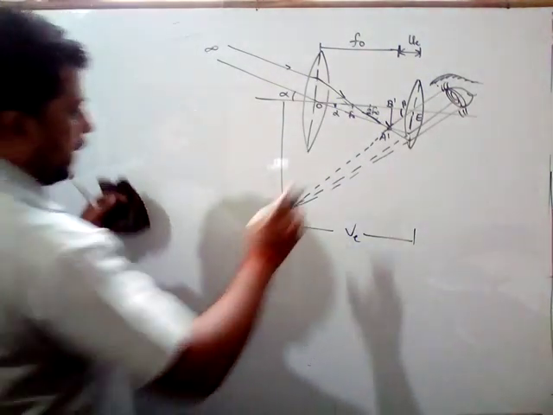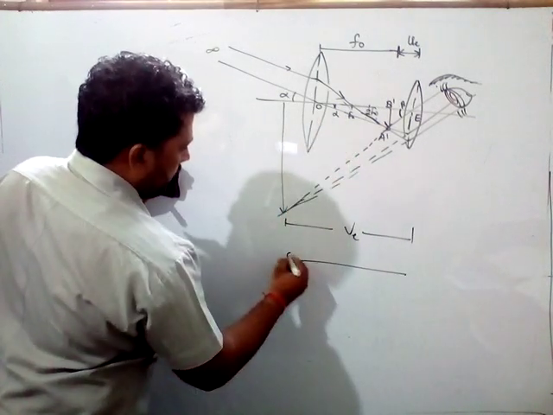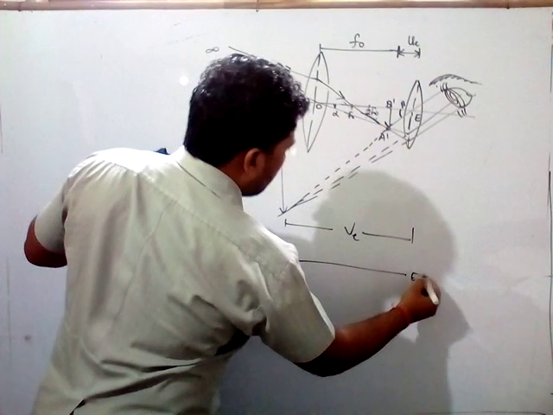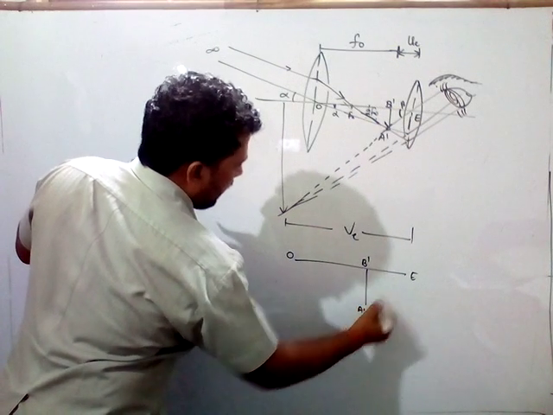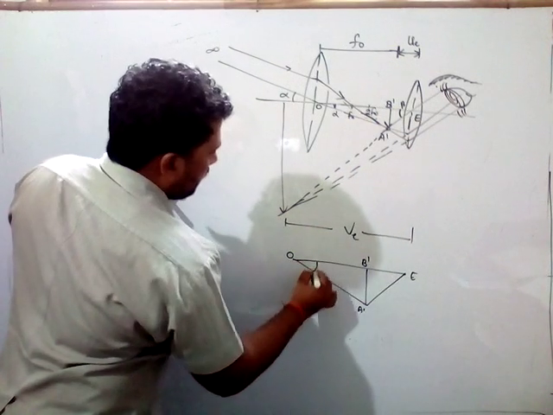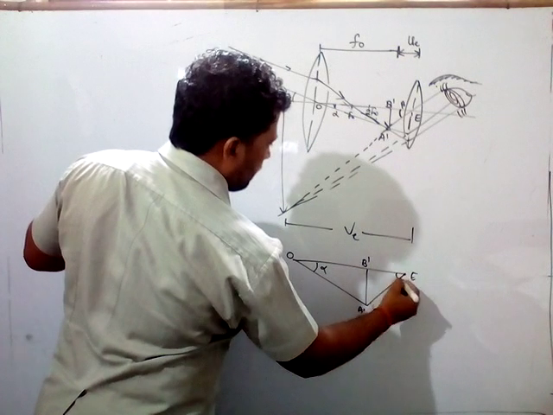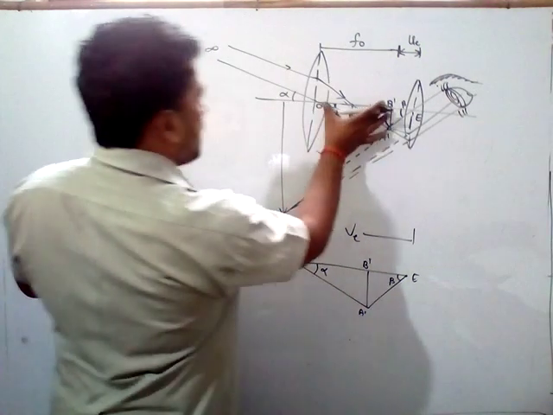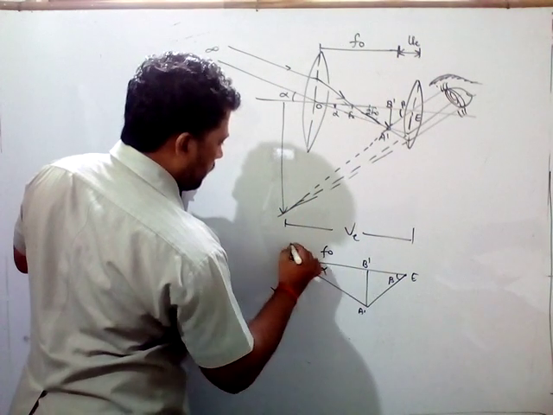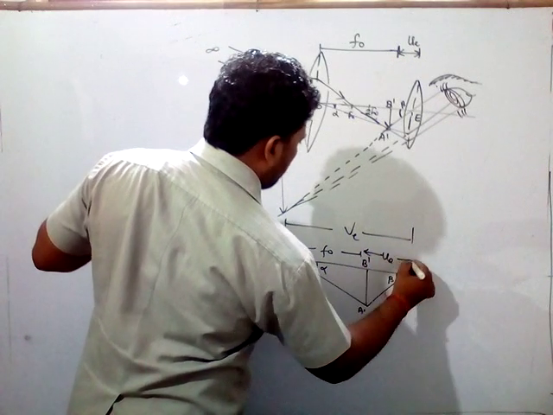So for the particular cases, let me consider here this is O and this is E, this is the image B'A', this is angle alpha and this is beta. You know that this length is FO and this is UE.